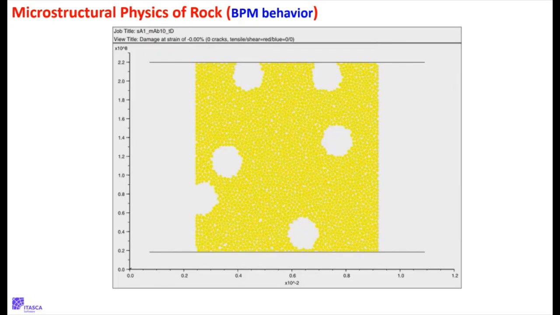And so every time a bond breaks, we're going to draw a little red line. And it's going to be perpendicular to the two particles. If you drew a line from center to center and you drew a perpendicular line with the same width as the parallel bond, the same length, that's what we're going to think of as a micro crack. That's how we're going to visualize the damage.